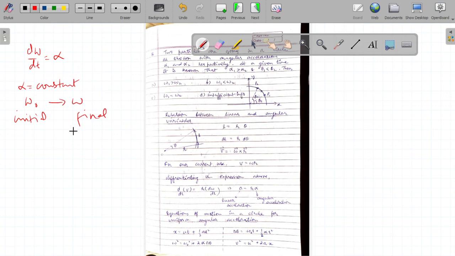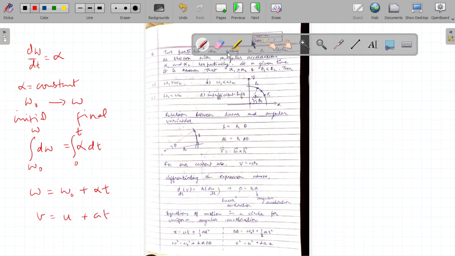After writing d omega equals alpha dt and putting the integral sign, with the angular velocity changing from omega naught to omega and the time changing from 0 to t, we can write that the angular velocity of the particle after t time is equal to the initial angular velocity plus alpha into t, which is the equivalent of the equation v is equal to u plus at.